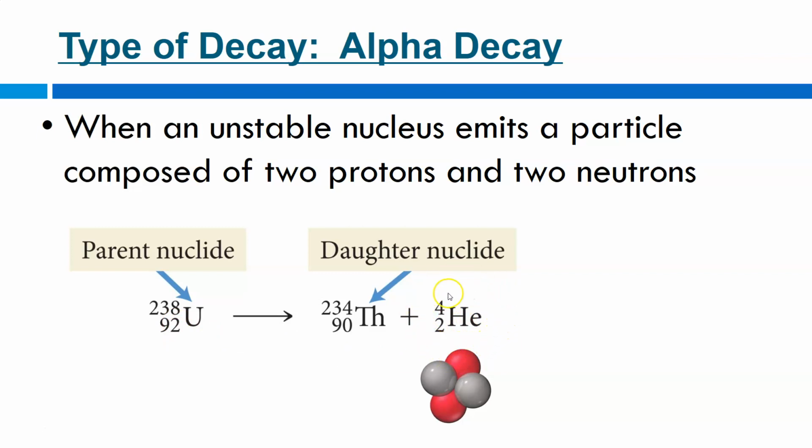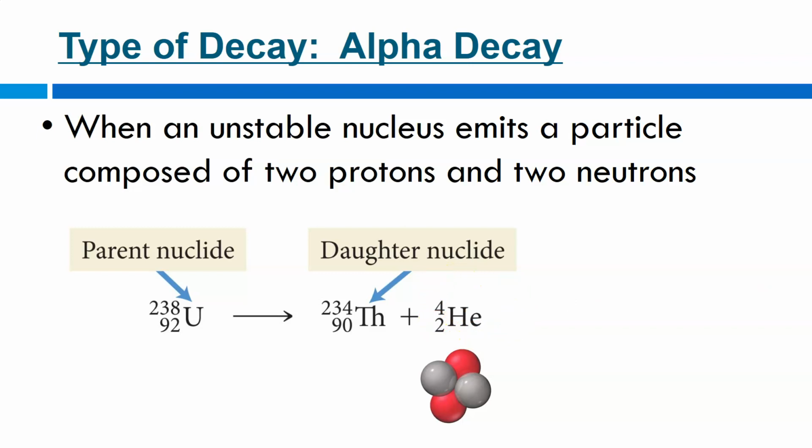It's going to release 2 protons and 2 neutrons in an attempt to get that nucleus smaller. The particle that you start with is called the parent. The element that you make at the end is called a daughter product. And this is our radioactive particle.